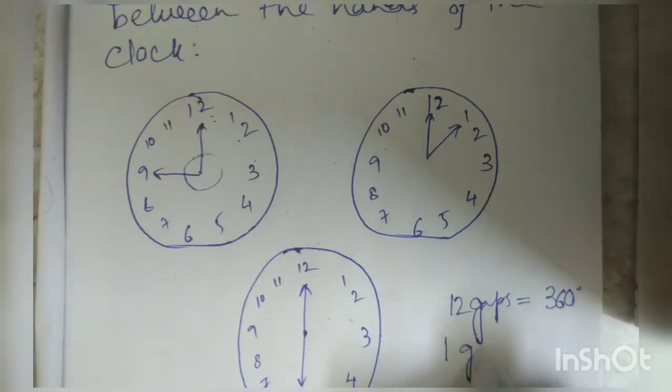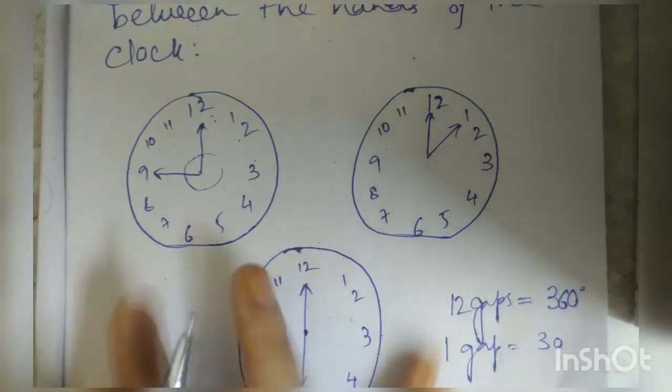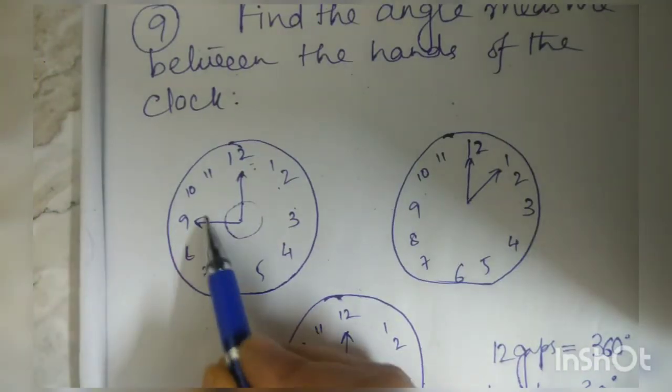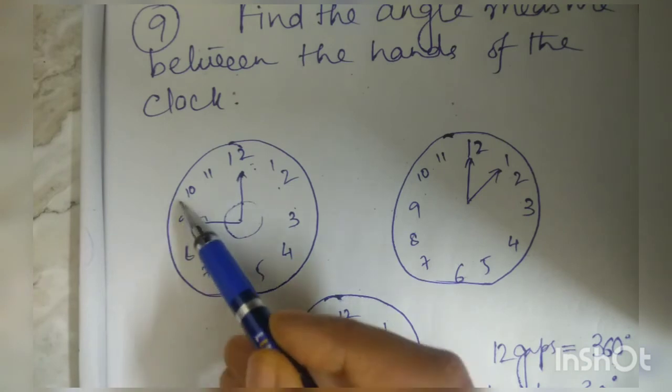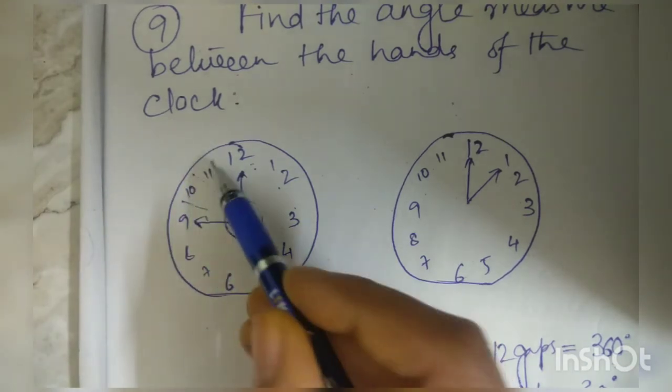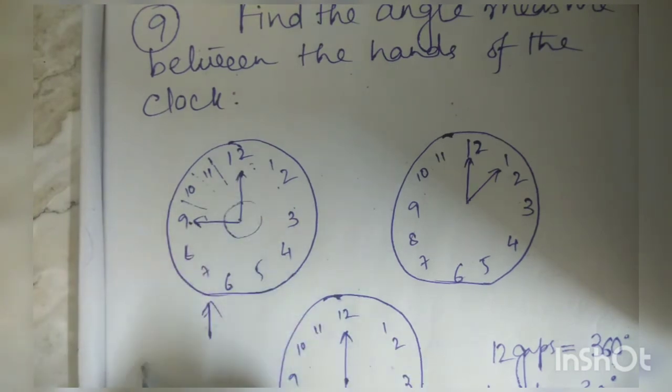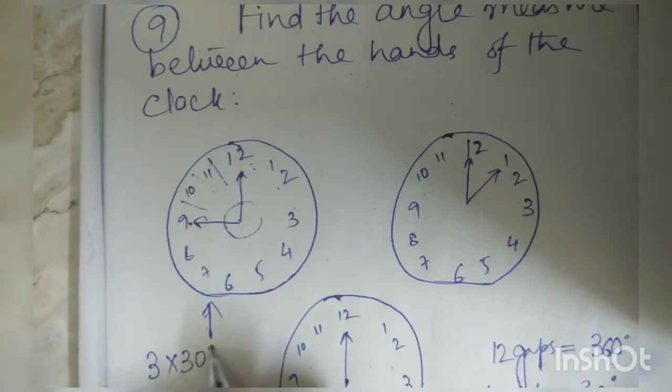So one gap will be 30 degrees. Now we have to count how many gaps there are between 12 and 9. You can find 1, 2, 3. So 3 gaps are there. So for this one, between 9 and 12, 3 into 30 degrees means a 90 degree angle is forming.